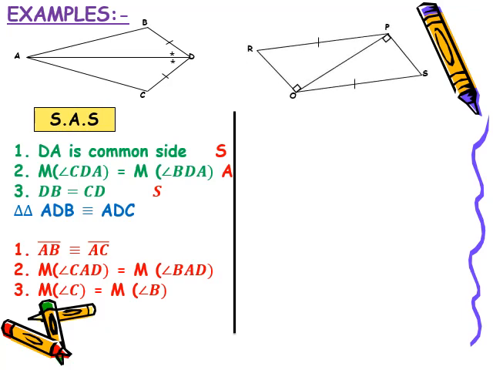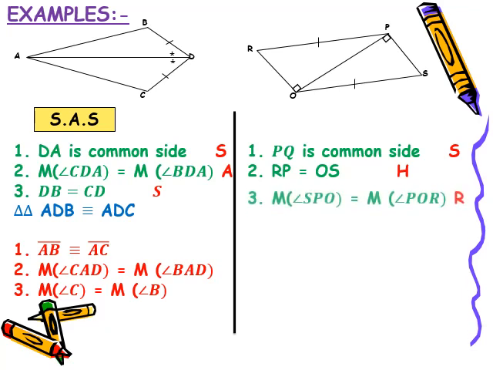Next example, prove that two triangles are congruent. Number one, BQ is a common side, it's a side. Number two, RP equals QS, it's a hypotenuse because the triangle is a right angle triangle. Number three, measure angle SPQ equals measure angle PQR equals 90 degrees, it's a right angle.